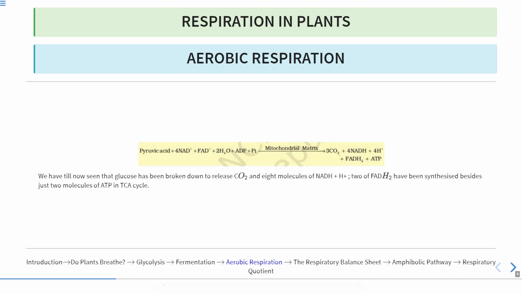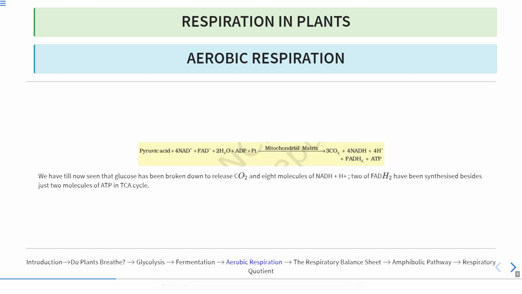So starting from the decarboxylation of pyruvic acid and the citric acid cycle, I've already told you that in the decarboxylation of pyruvic acid, one NADH2 molecule is formed as pyruvic acid is converted to acetyl coenzyme A, and later the other NADH2 molecules are formed in the tricarboxylic acid cycle. So total 4 NADH2.